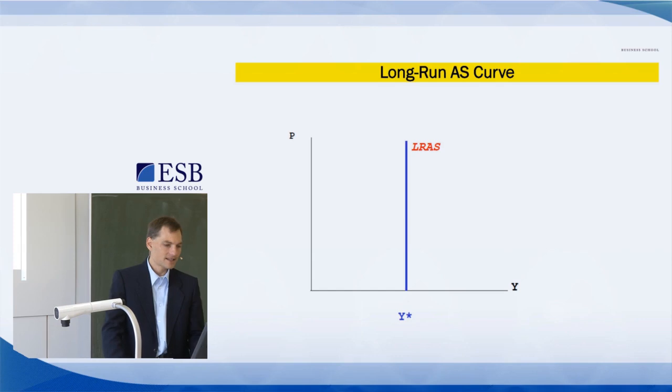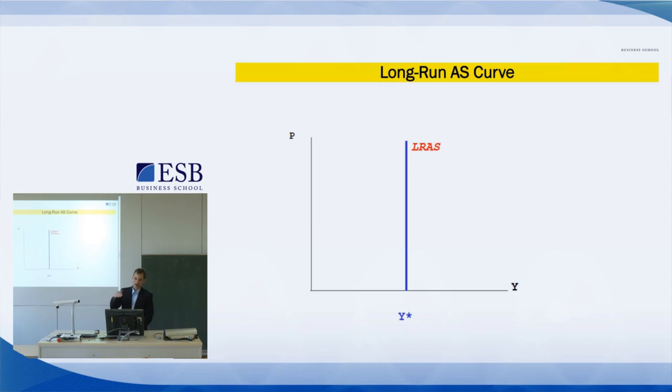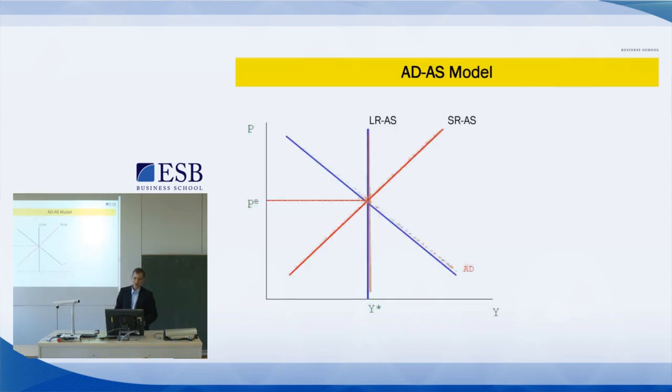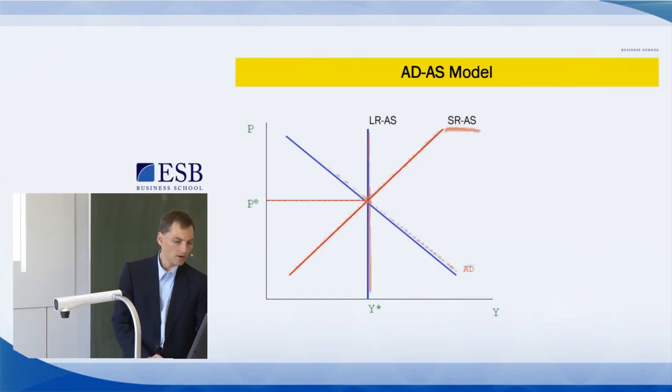So here is once again this illustration. For the long-run supply curve, we use the abbreviation LRAS. Long-run aggregate supply is vertical. And in the short run, it's an upward sloping curve. I use SR for short run. This is the short-run aggregate supply, this upward sloping curve, and here I also have this downward sloping AD curve.